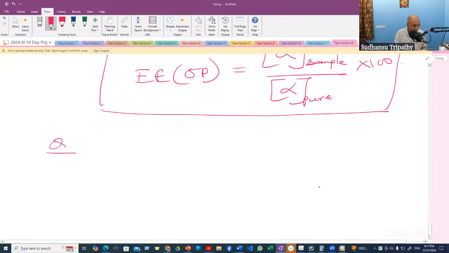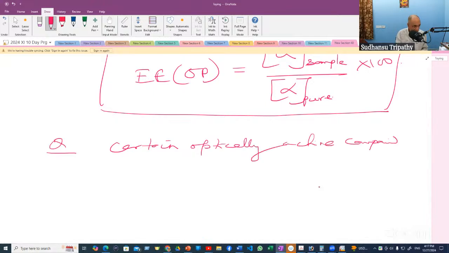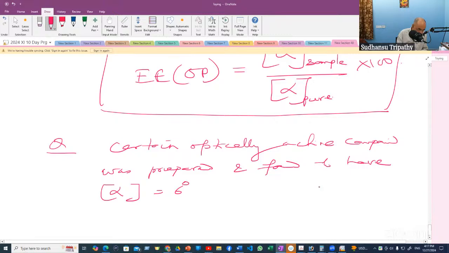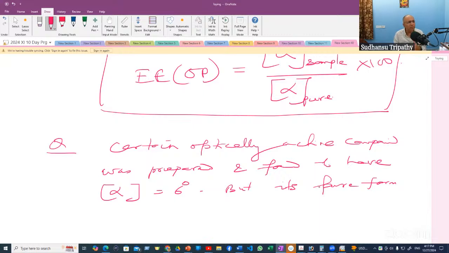Now a question for you, certain, write down. An optically active compound was prepared and found to have alpha specific 6 degree, but its pure form, I am writing a fictitious numerical without naming any compound, has alpha specific equal to +20 degree.